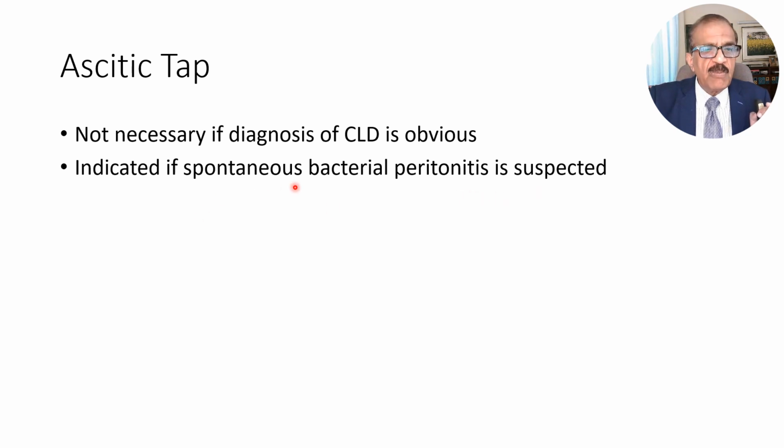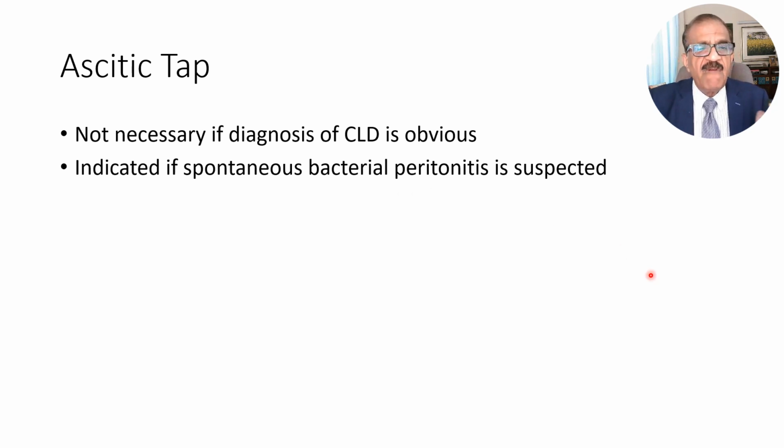Why spontaneous? Because mostly peritonitis is caused by some rupture of organs or some trauma or some complication of some surgery. If peritonitis occurs without any of these, it is called spontaneous. And it is different from the usual type of peritonitis because you don't get those classical signs. There may not be guarding, there may not be rebound tenderness, and because there is already fluid, the abdomen is already distended.